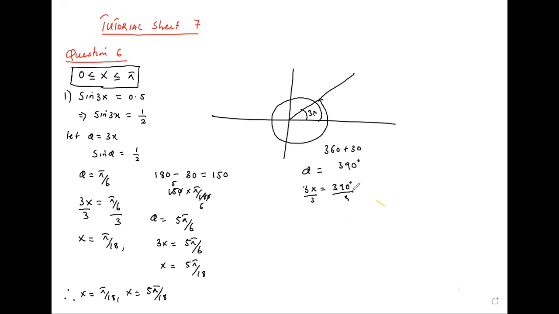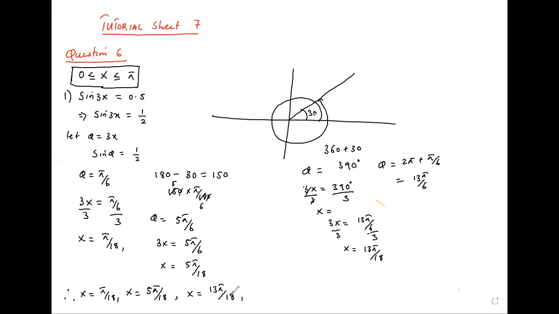Divide by 3, divide by 3. So we get x is equal to, let's convert it, that is 2 pi plus pi over 6. That is 13 pi over 6. Okay, so 3x is equal to 13 pi over 6. Divide by 3, divide by 3. So x is equal to 13 pi over 18.